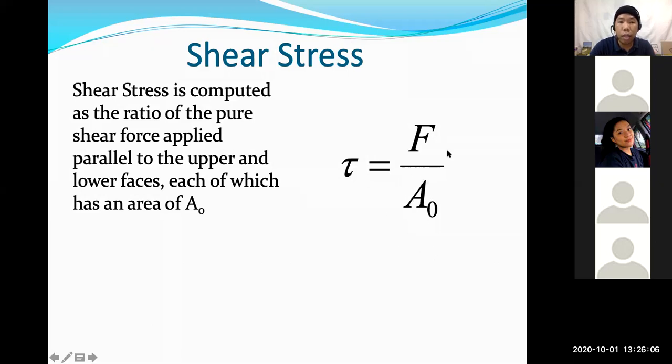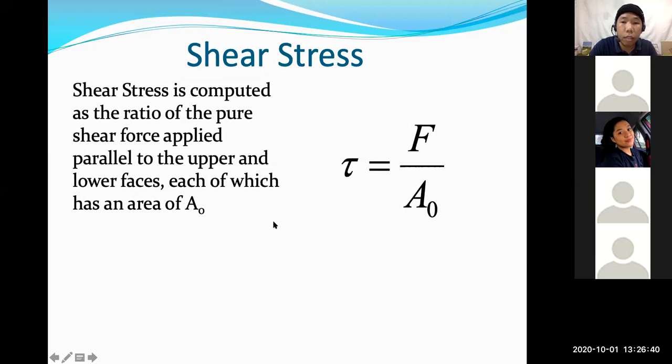So shear stress is represented by the Greek letter tau. Tau equals the force applied parallel to the material. As for the stress where the force is applied perpendicular, we call it normal stress.